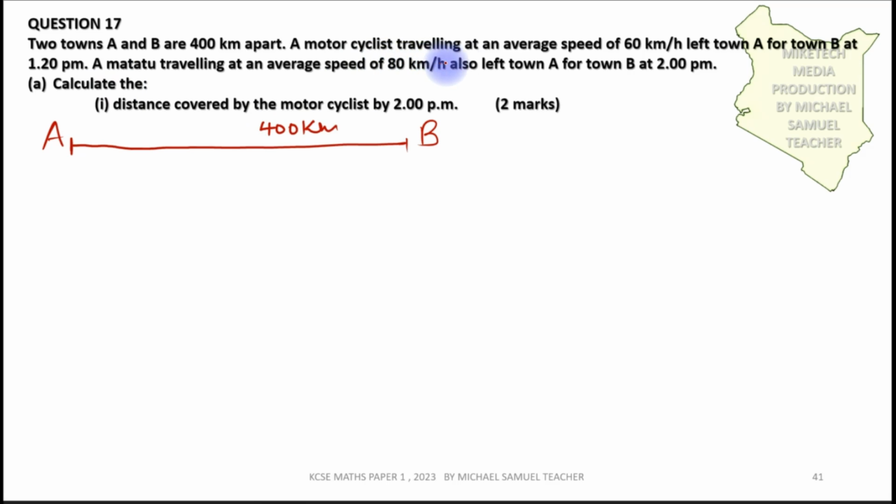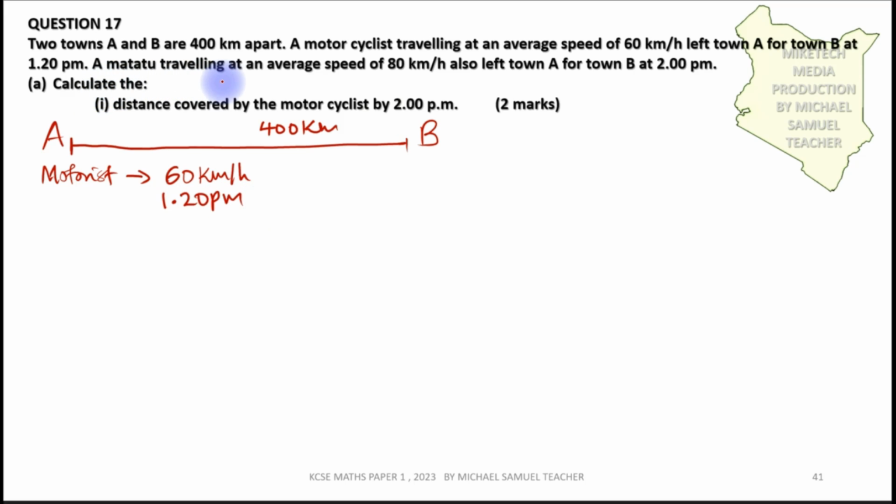A motorcyclist traveling at an average speed of 60 km per hour from A to B, left town A for town B at 1:20 p.m.